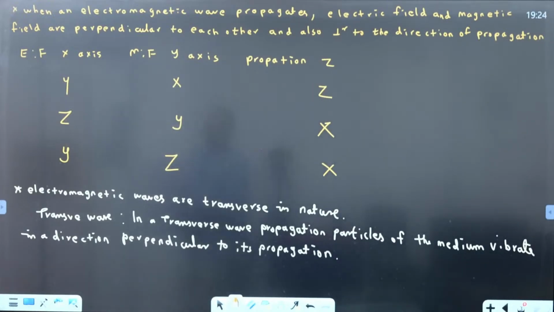There is another type of waves that you know, longitudinal. Sound waves are longitudinal. But electromagnetic waves are transverse.